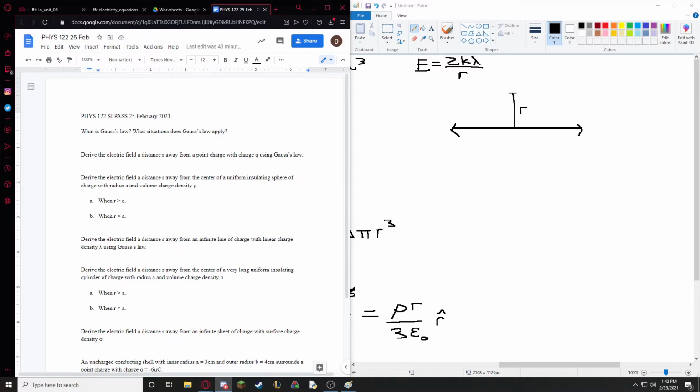Yep, we have a cylindrical symmetry. So that means our Gaussian surface is going to be a cylinder. And how is our cylinder going to be drawn? Is our cylinder going to be parallel or perpendicular to our line of charge?